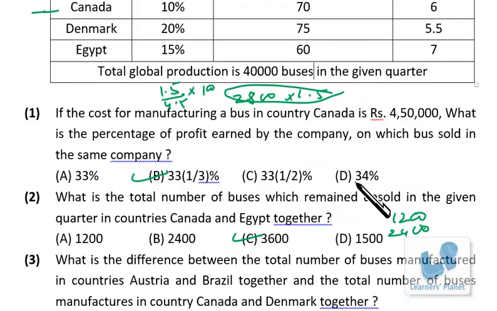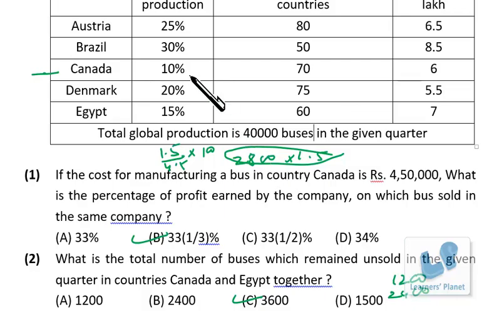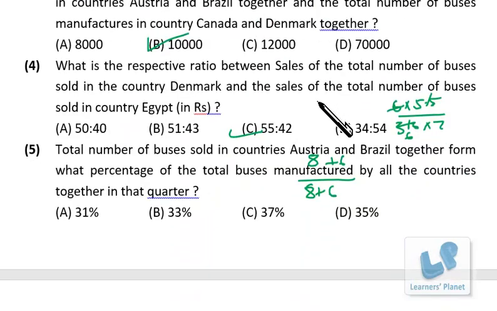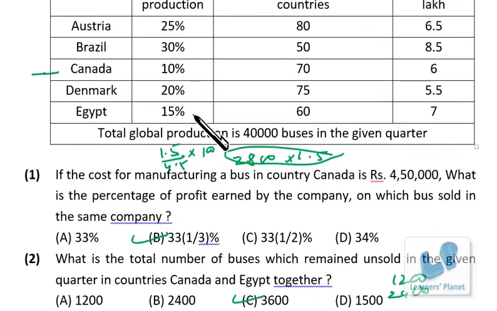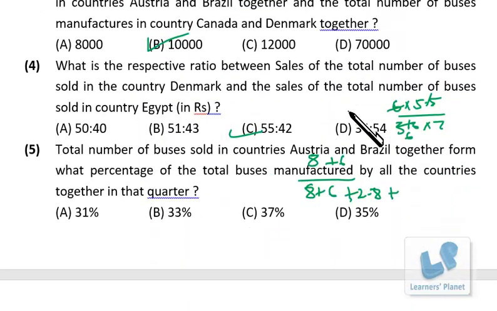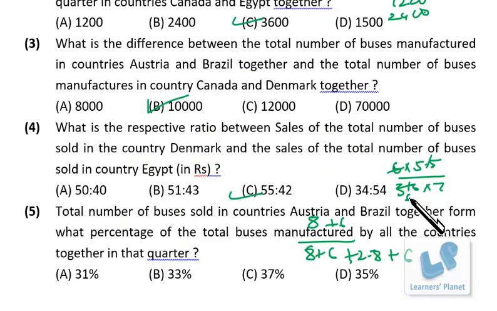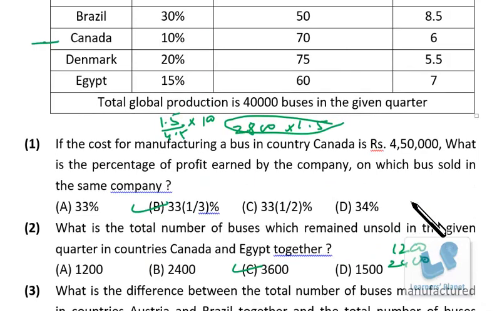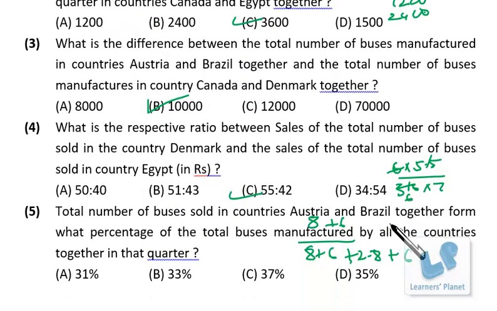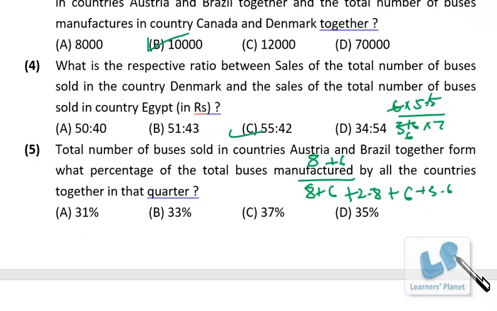We have to find out for other countries also. Canada 10%, so that is 4,000, and 70%, so that is 2,800, so it is 2.8, plus Denmark 20%, so 8, 6, and the last one is Egypt 6, 3.6. Okay, so it is 14 upon 26.4 into 100.